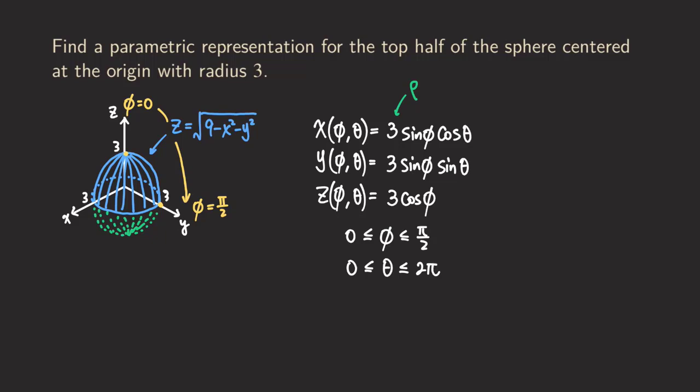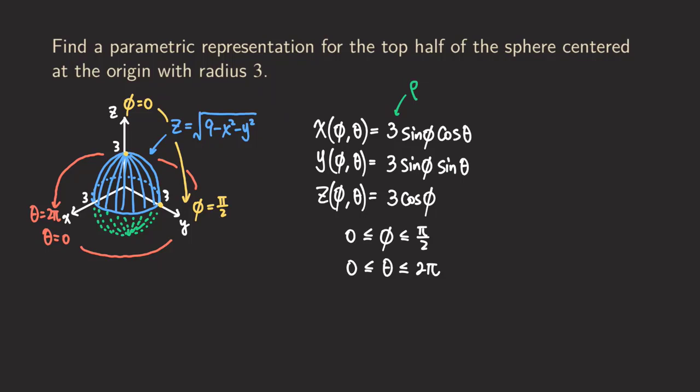What happened is that for theta, we start with theta equals 0 right here, and then we go up to here, pi over 2, and then just keep going, all the way back to here, which is theta equals 2 pi, which is actually the same spot as theta equals 0. So we get theta going from 0 to 2 pi. So that is the parametrization.